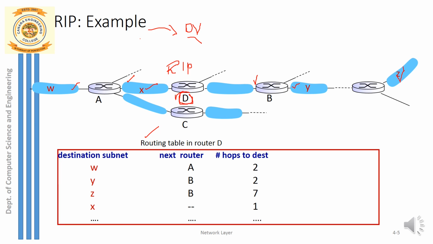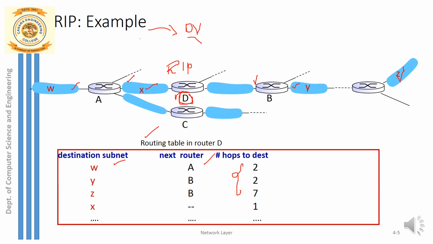So let's just see, initially, the routing table that D has calculated. You can see the routing table for D, where the information is about destination subnets W, X, Y, Z. The cost to reach these subnets, or you can say the hops to reach these subnets, is also included in this table, and the next hop router, via which router you reach these subnets, is also maintained in the routing table.